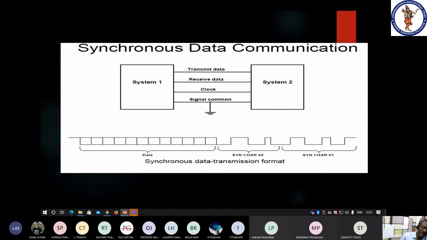If I am at one speed and you are at another, someone has to wait for the other to understand. But in synchronous communication, there is no such understanding. Once the communication is established, both systems must run at the same speed. That is the meaning of synchronize. If there is a speed mismatch, the data will be lost.